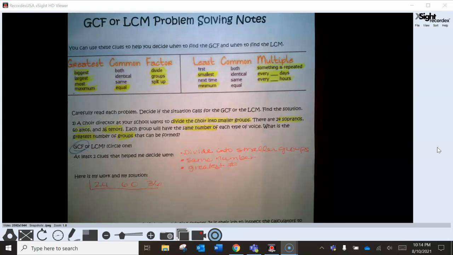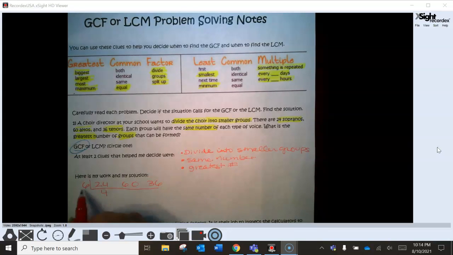The biggest number that can go into them is what you would like to go for to begin with, but remember, if you can't, go with a smaller number that kind of pops out to you as a common factor for 24, 60, and 36. And I think of 6 on those. And then divide each. 6 into 24 goes 4 times. 6 into 60 is 10. 6 into 36 is 6.